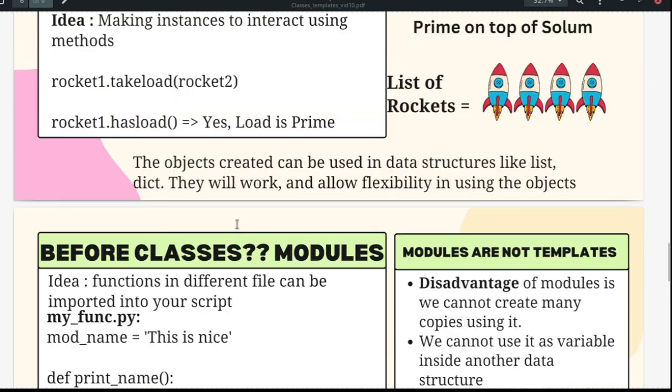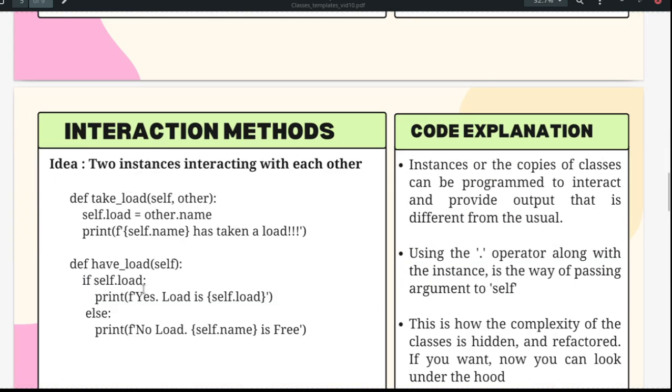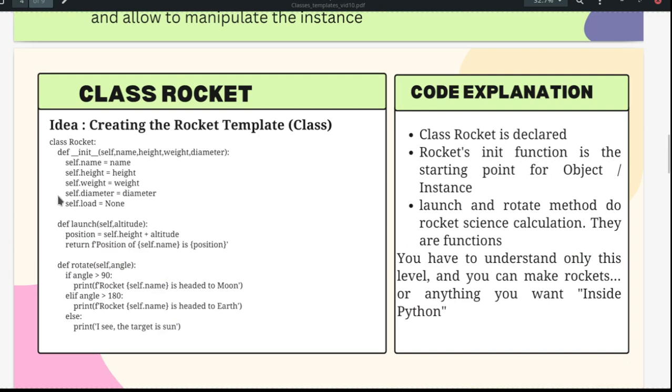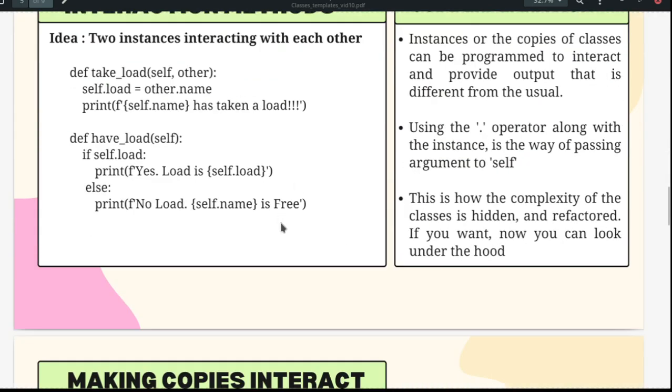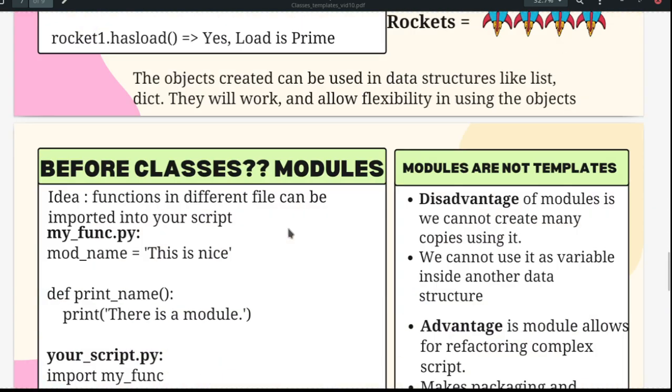The entire object template resides inside the Python programming construct or the execution environment. So you don't need to have any files. All this object class representation is inside the processor and the RAM. So you don't need to worry about creating a file. That is the difference between using a module and a class.